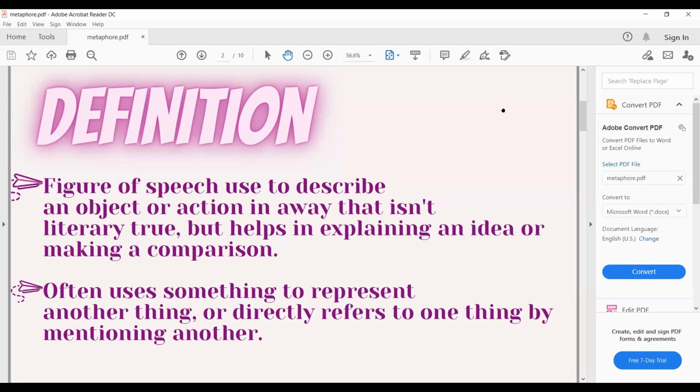In other words, it often uses something to represent another thing or directly refers to one thing by mentioning another. A metaphor may have a literal meaning as well as a metaphorical meaning. In some sense, they are ambiguous.